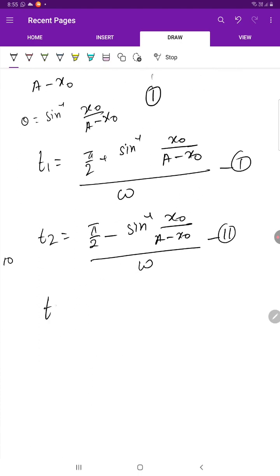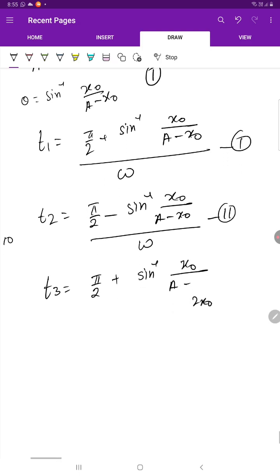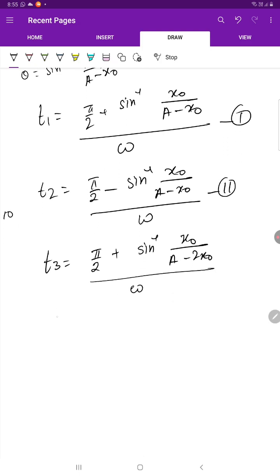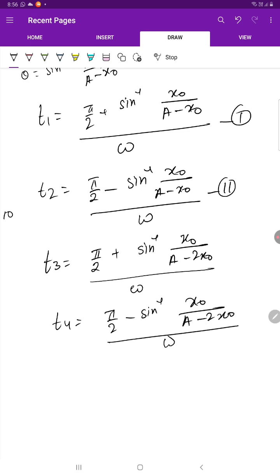So for this, T3 will be pi by 2 plus sine inverse of x naught by a minus 2x naught, divided by omega, and T4 would be pi by 2 minus sine inverse of x naught by a minus 2x naught, divided by omega. Well, I'm not asked about T4 here because in the question it's defined, but during the comparison T4 is not given. So only these first three are important for me.